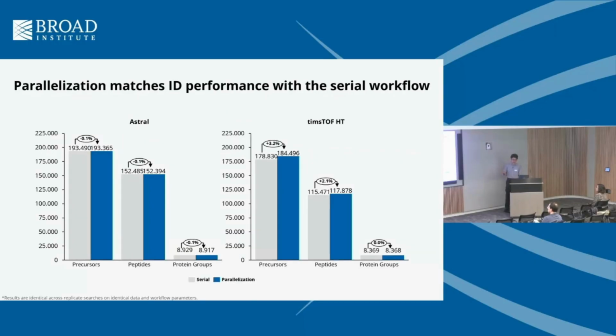So starting with the IDs, across both instruments, the parallelized workflow is reporting a very highly consistent result at the precursor, peptide, and protein level tiers, closely matching the serial workflow at every tier. As you can see, they're reporting very similar numbers.